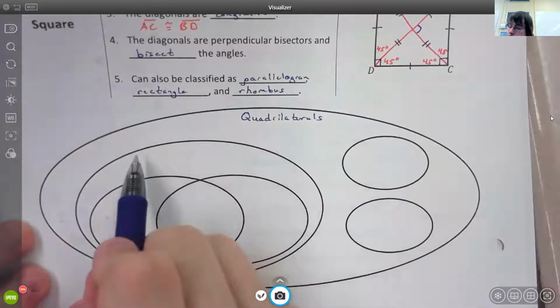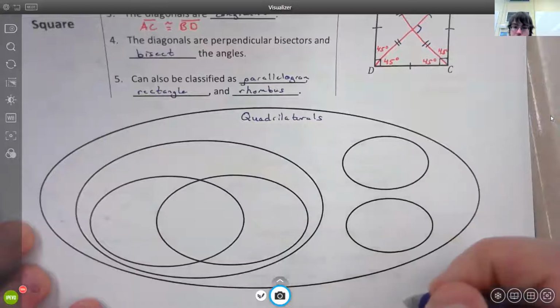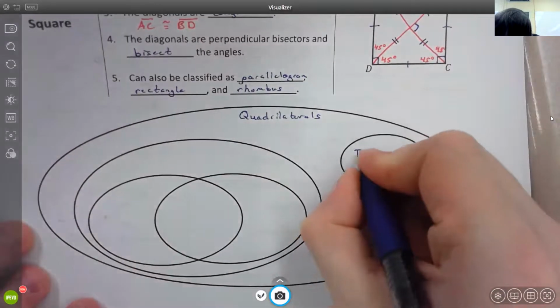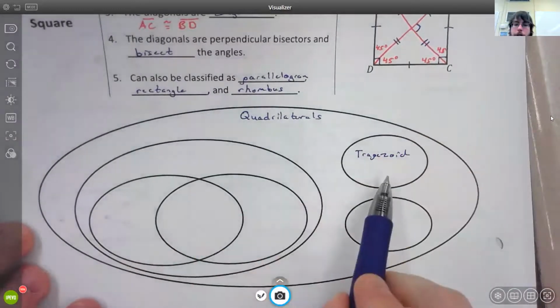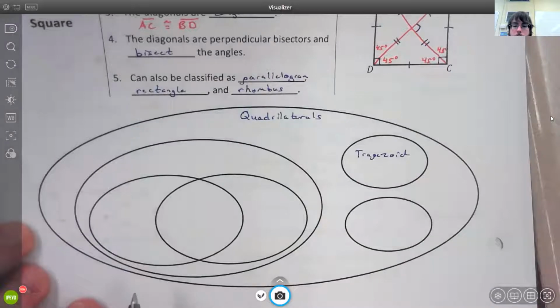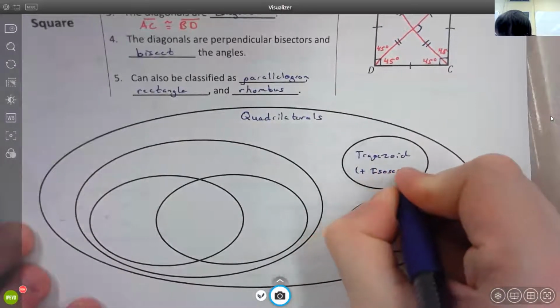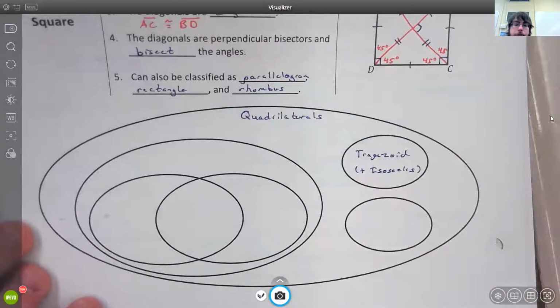Now, on the left side here, we'll come back to that, but on the right side, we have 2 bubbles. The first, we're gonna label with a trapezoid. So there's a set of quadrilaterals that are trapezoids, okay? And of course, this also includes the isosceles trapezoids, which would be a smaller bubble in here if we wanted to be technical.